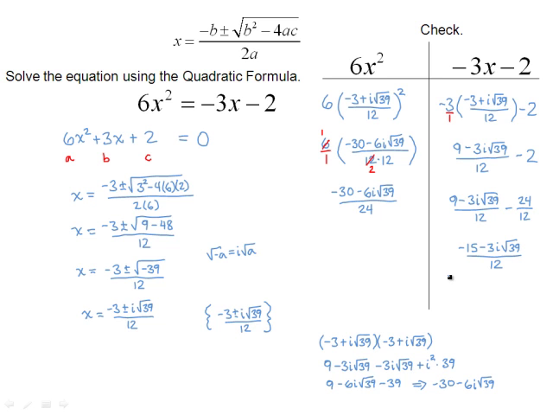Remember, the goal is to show that we get the same thing. So let's divide numerator and denominator by 2 on the expression on the left. If we divide the numerator by 2, that would give us negative 15 minus 3i root 39, and dividing the denominator by 2, 24 divided by 2 is 12. So you can see we get the same expression on the left as on the right, so everything checks out.